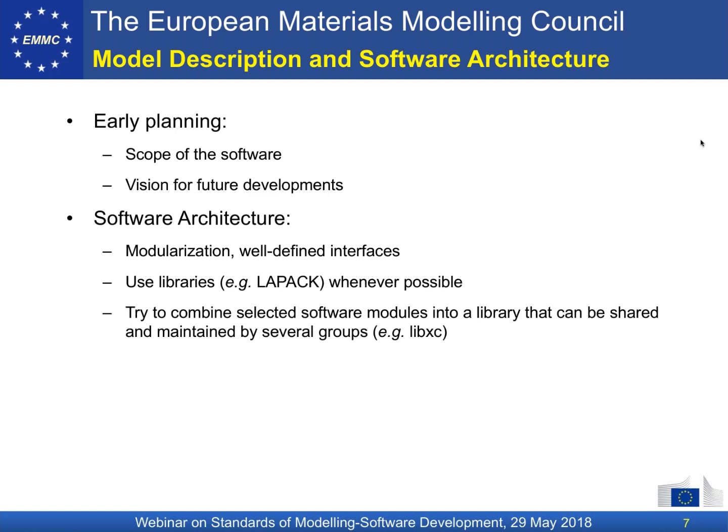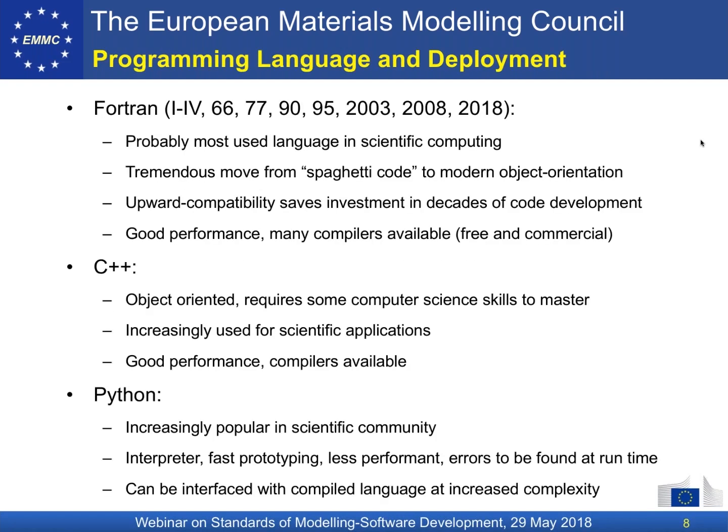So these are early decisions which you want to take. Another early decision refers to the programming language and the deployment. As you well know, in scientific computing the most used programming languages are Fortran, C++, and Python.